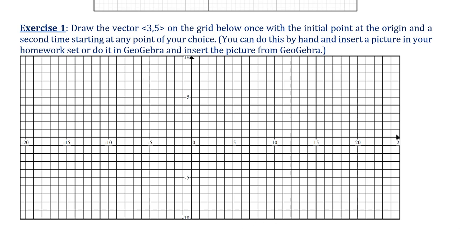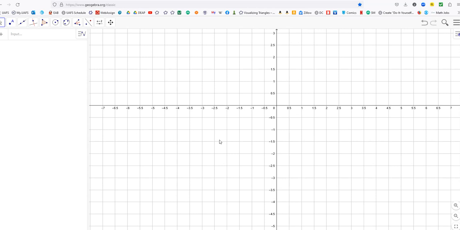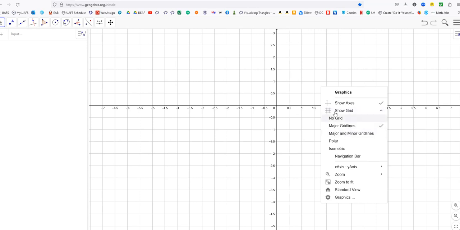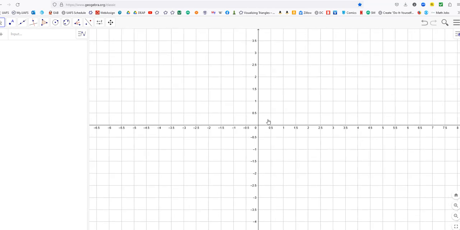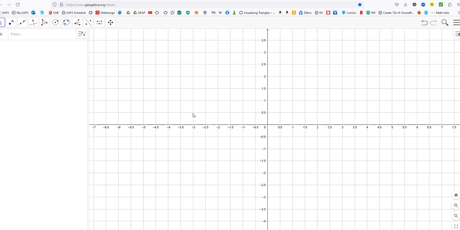Okay, in fact, let's take a quick look at doing this in GeoGebra. All right, here's a basic GeoGebra setup. I clicked on here and said show grid, just major grid lines, show the axes. I'm in a basic geometry window here. And I can actually create an actual vector.